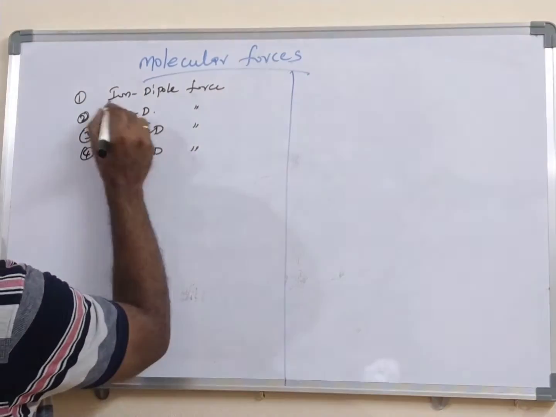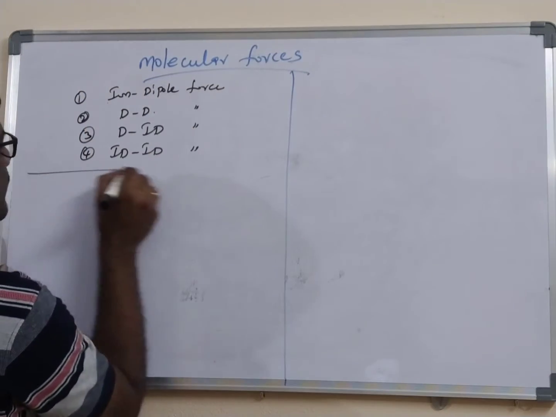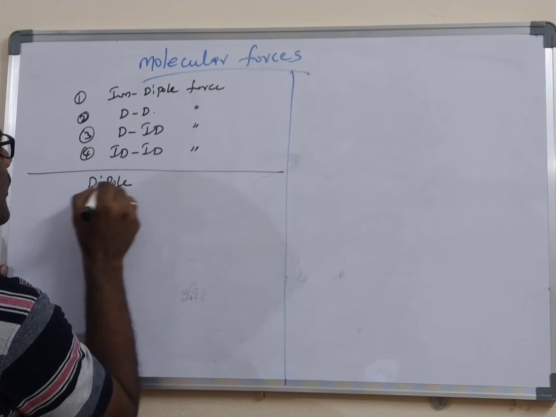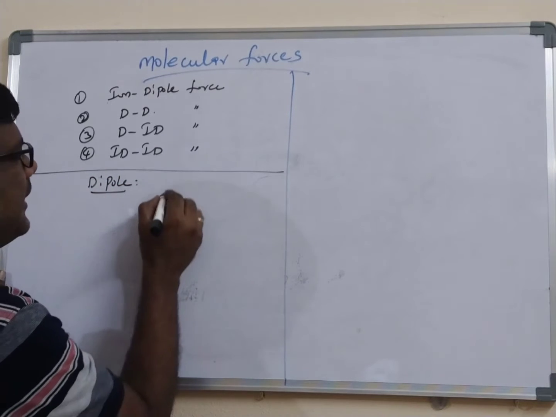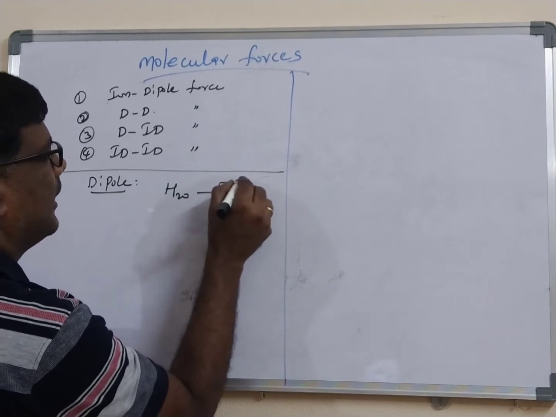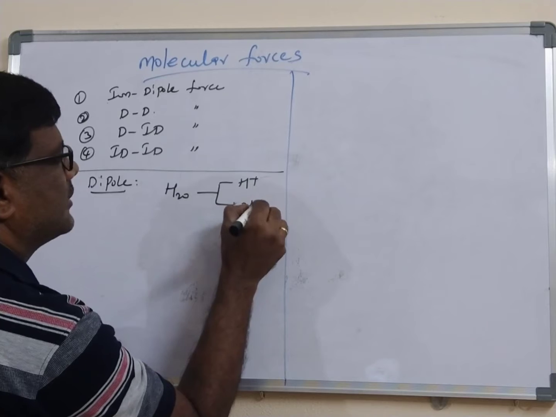Now, what is the ion dipole force? Before going to know this, we require the meaning of the dipole. I am taking the water molecule, H2O, which will have the H plus ion and the OH minus ion.